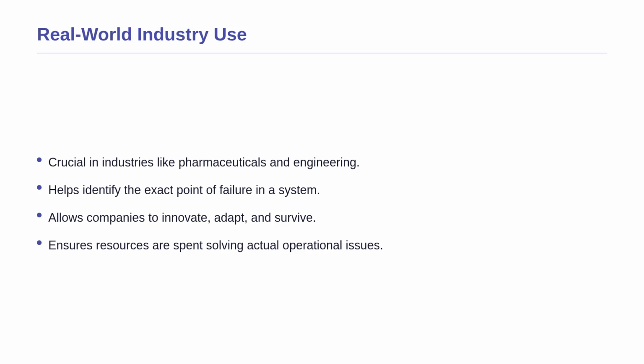For example, if a new drug is failing in trials or a bridge is showing stress fractures, engineers and scientists cannot just guess what is wrong. They must systematically identify the exact problem. This ensures that millions of dollars and thousands of hours are spent solving actual operational issues rather than chasing symptoms.